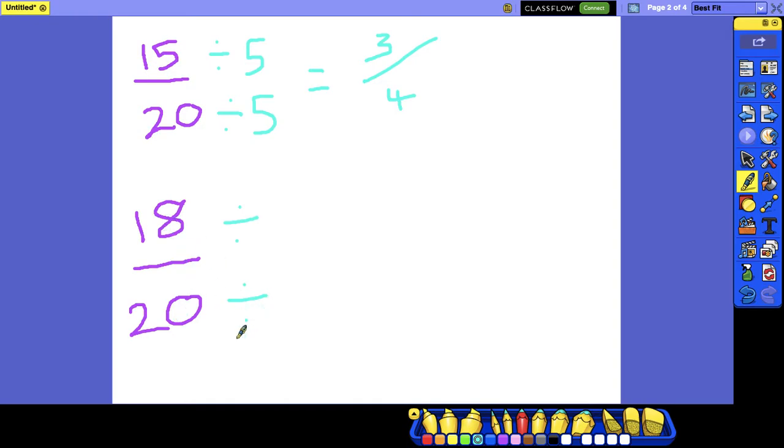Hopefully you realize that these are both even numbers, so we can divide by 2. 18 divided by 2 is 9, and 20 divided by 2 is 10. Have another go at that, it is 9 over 10. Okay?